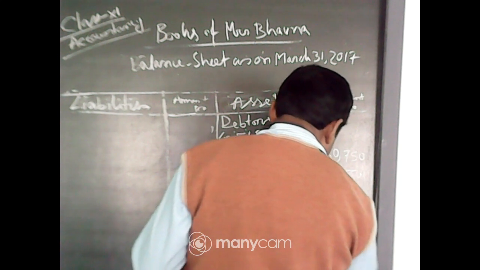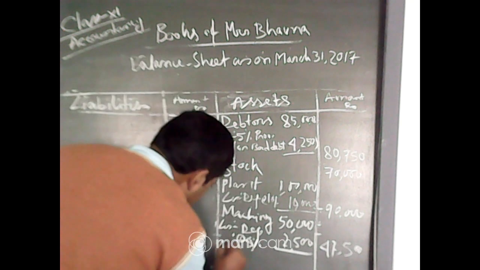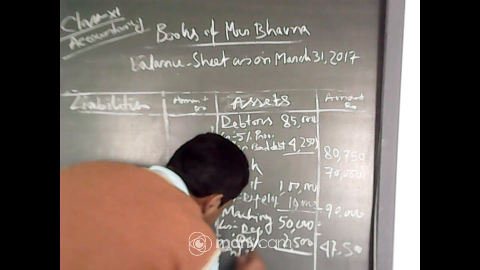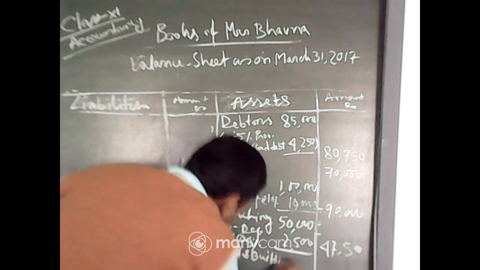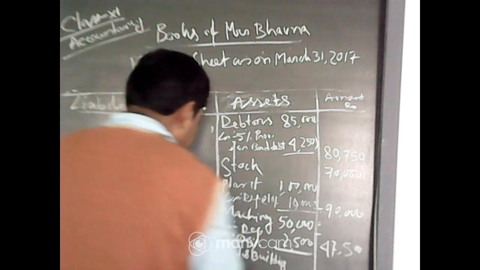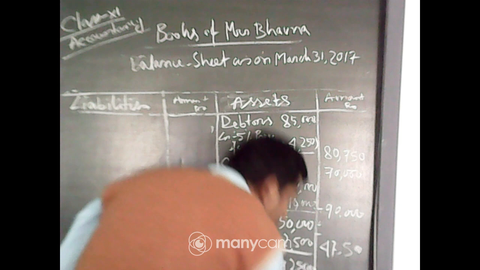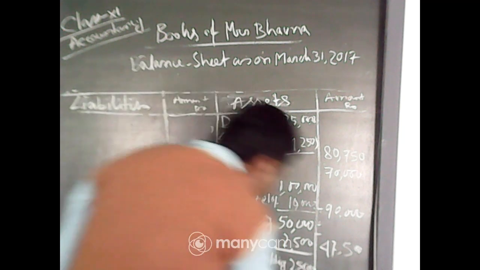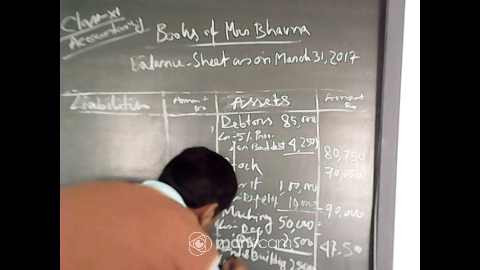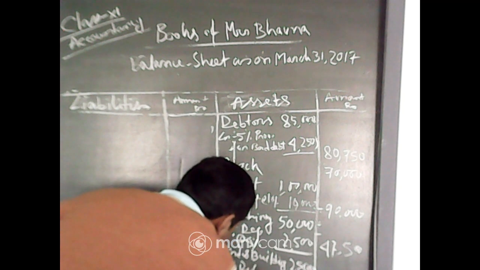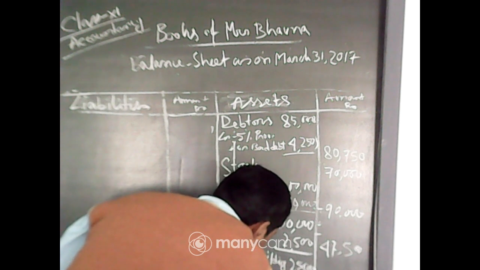47,500. Now next there is land and building. Land and building value is 2,50,000. Just write in the inner column, and here the depreciation is 10%, so less depreciation at the rate of 10%, that is 25,000 actually.